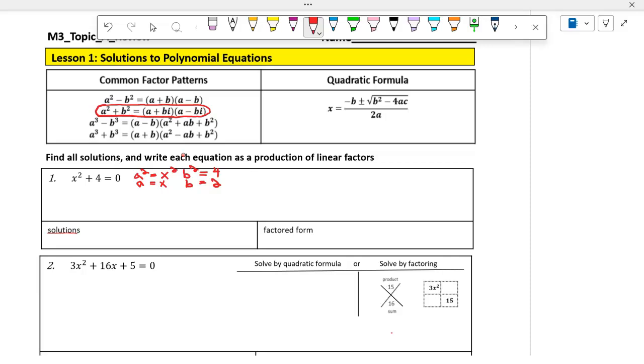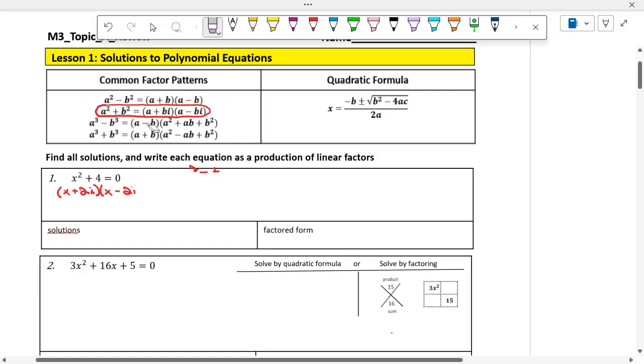So when I substitute this into that formula there, I'm going to have a, which is x, plus bi. So b is 2i, and then I'm going to have x minus 2i. Okay, now that's factored.